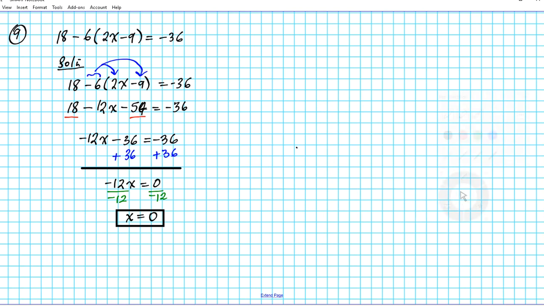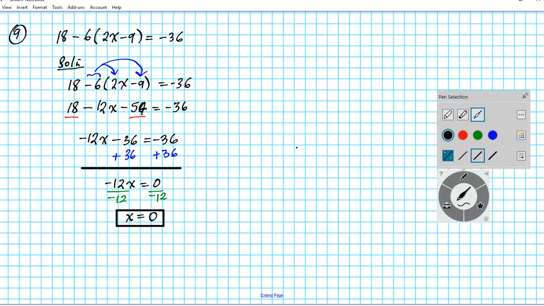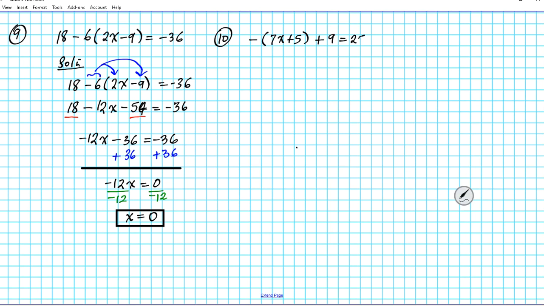Let's take a look at number 10. Let's say we have the equation negative the quantity 7x plus 5, plus 9 equals 25. To do this, we want to get rid of that parenthesis.